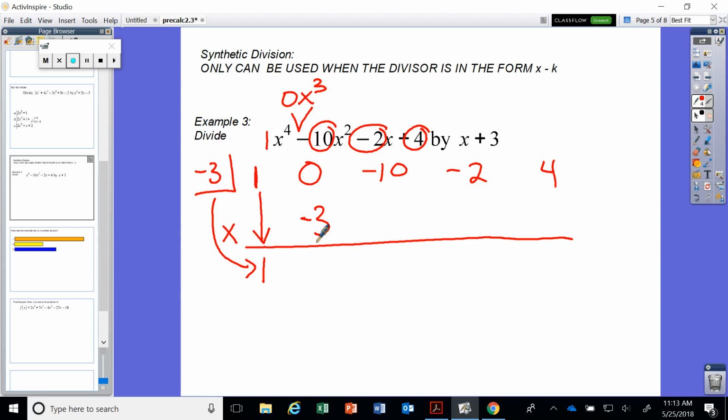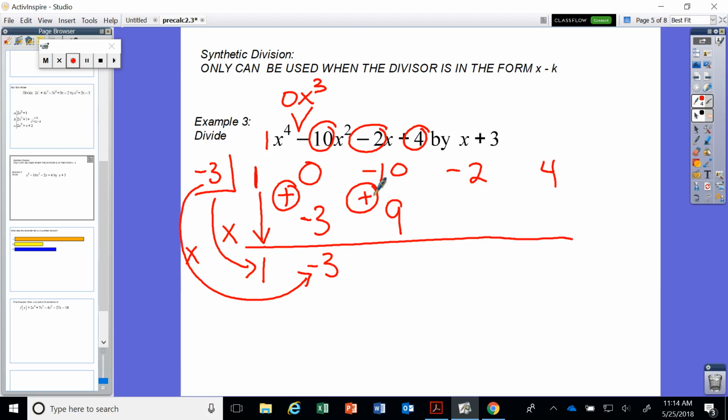Now, next step, add our two coefficients of 0 and negative 3, which gives us negative 3. Then multiply negative 3 times negative 3 for 9. Then repeat the process.